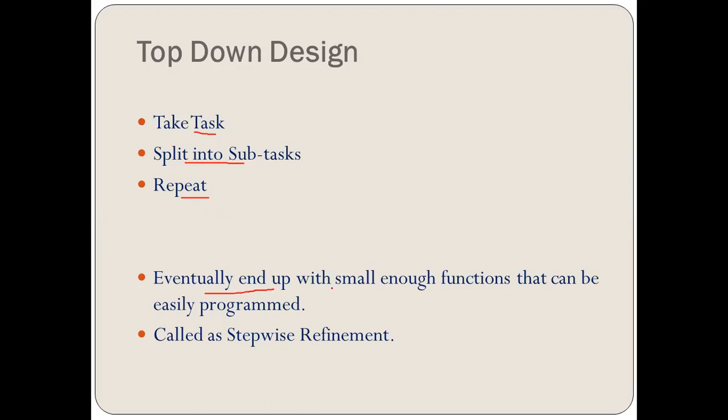Eventually, we end up with small enough functions that can be easily programmed. The objective of dividing these tasks into subtasks is to have a module which can be easily programmed, which can be easily coded, right? And we have already seen this is also called stepwise refinement, this approach.